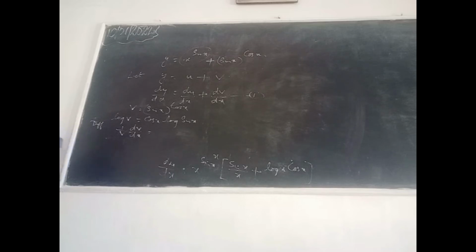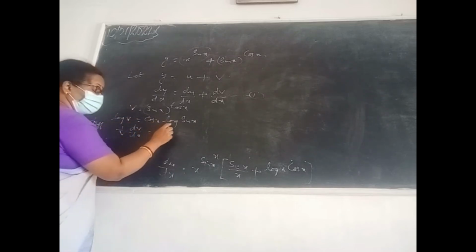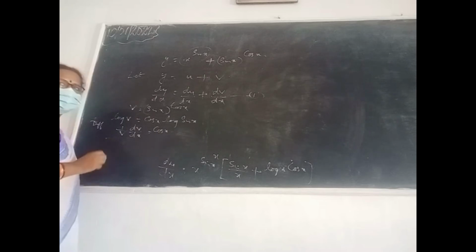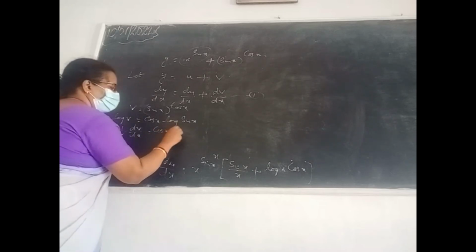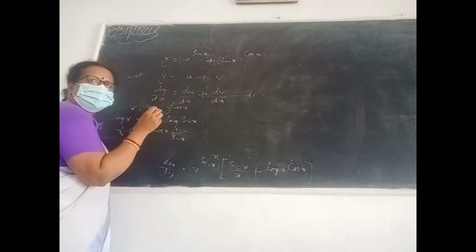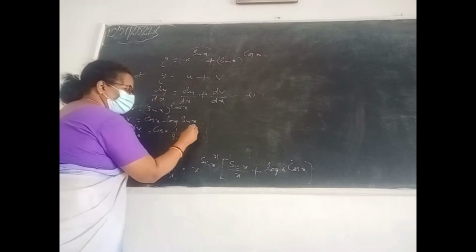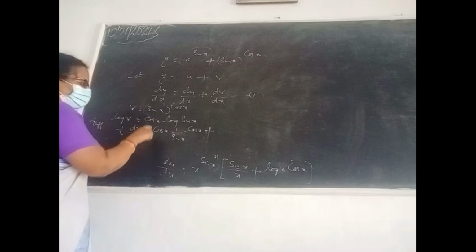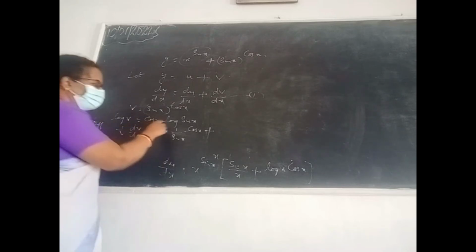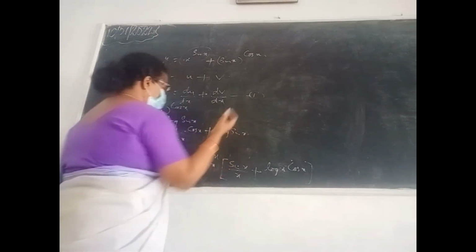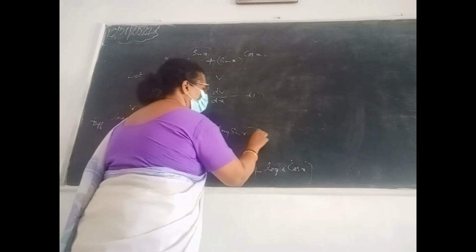Cos x into the derivative of log sin x, which is 1 by sin x into the derivative of sin x, cos x, plus we differentiate cos x, so log sin x into negative sin x.